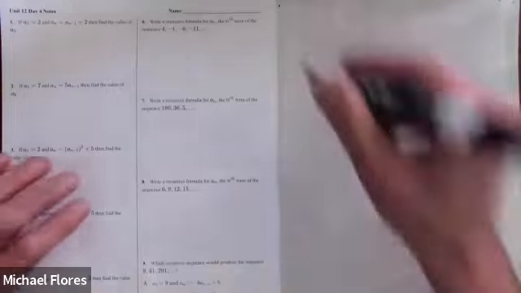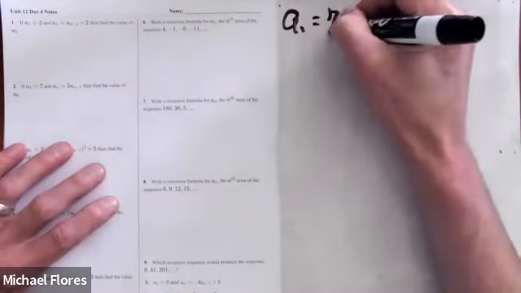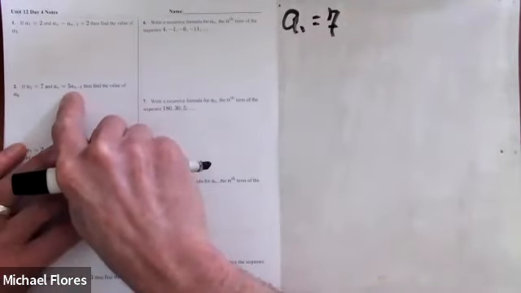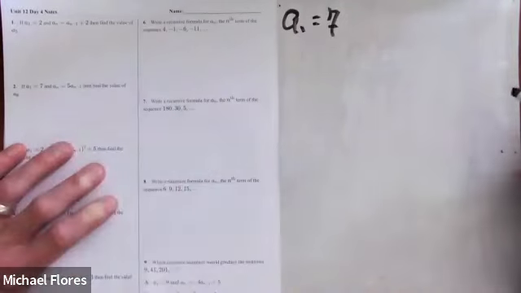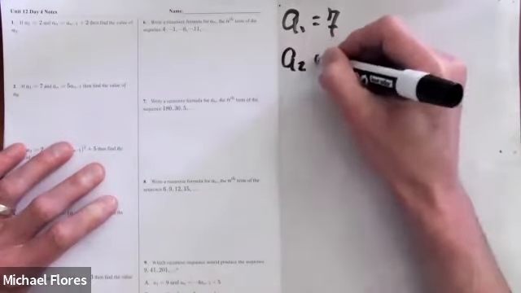Example number 2, if a subscript 1 equals 7, so they've given us the starting number, and a subscript n equals 5 times a subscript n minus 1. Find the value of a subscript 6. So let me set up my template.